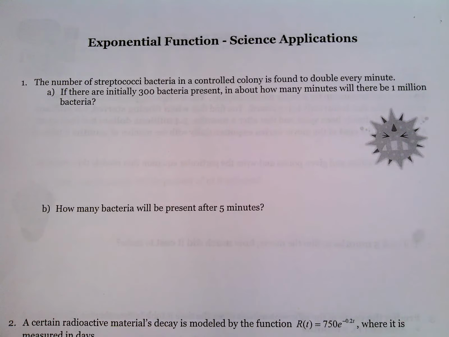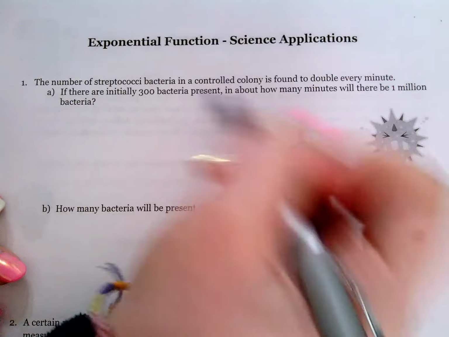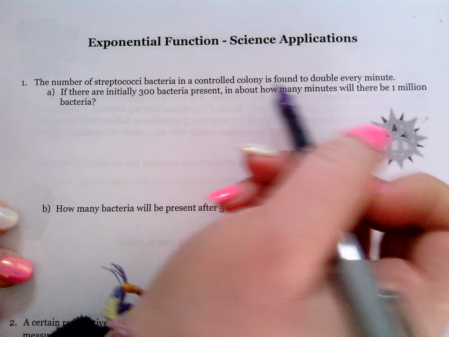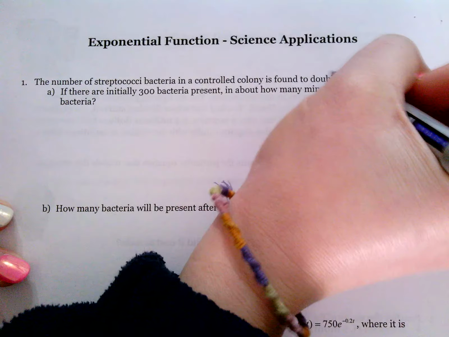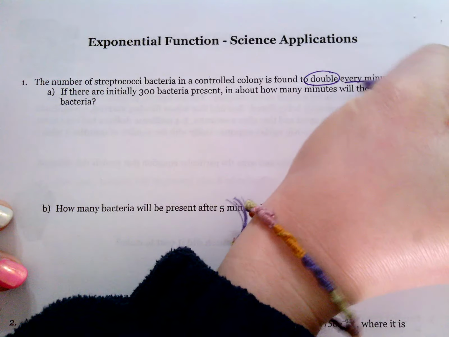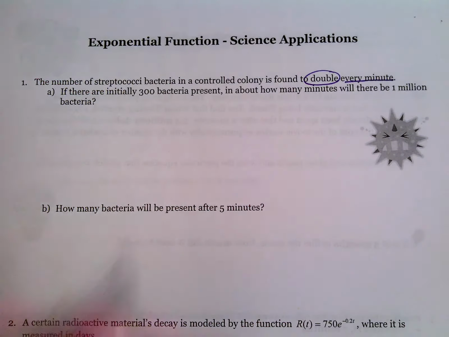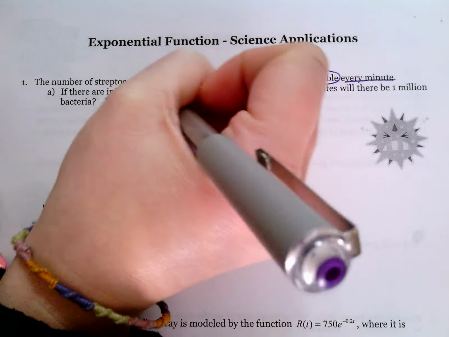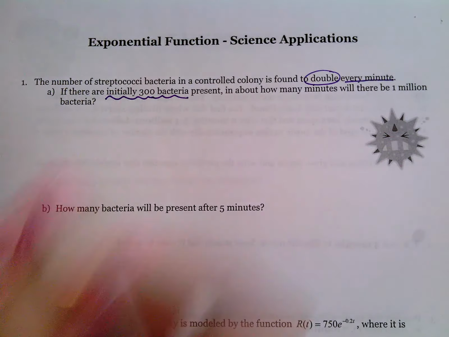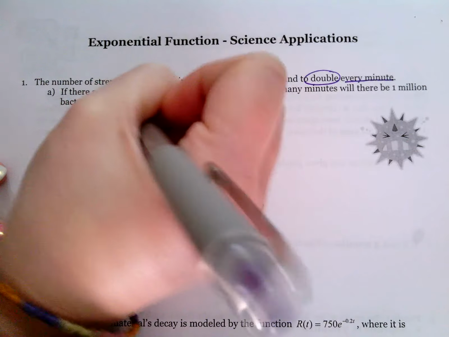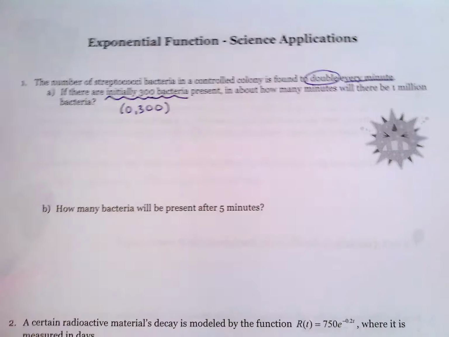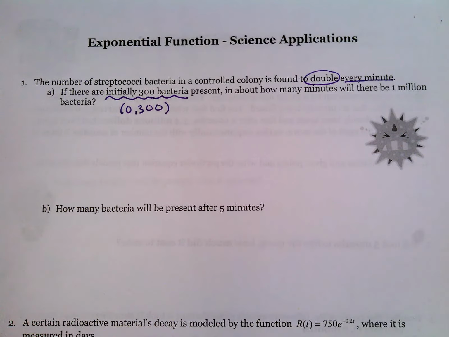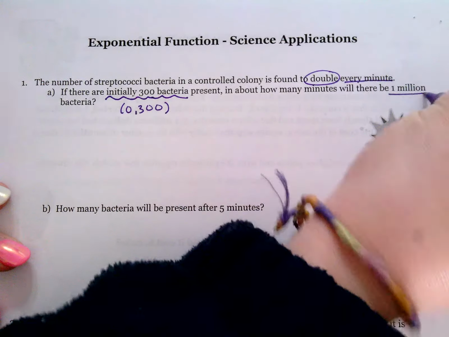A controlled colony is found to double every minute. If there is initially, so the starting, 300 bacteria, so it's the initial, right? So at 0, 300, I'll write down that point. In how many minutes will there be 1 million? Right, so you're trying to find the x value.